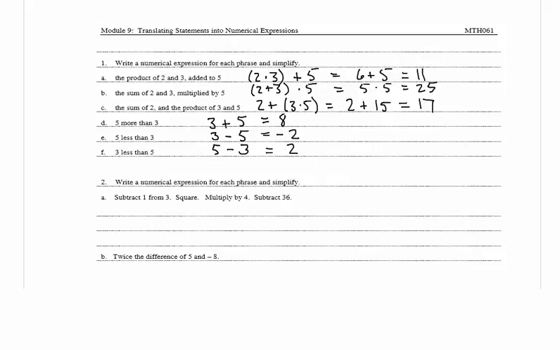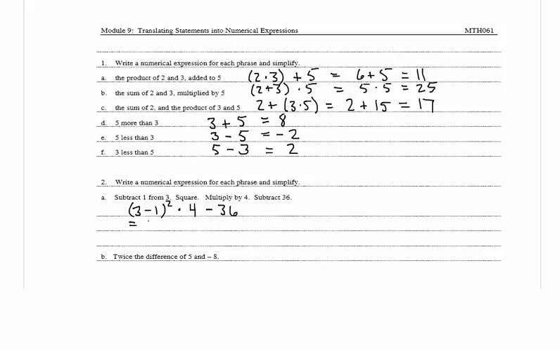In 2, we want to write a numerical expression for each phrase and simplify. So the first thing says subtract 1 from 3. So we have 3 minus 1, and now they want us to square it. So we have 3 minus 1 squared, and they want us to multiply it by 4, and then subtract 36. So now the first thing that we want to do is take care of inside the parentheses.